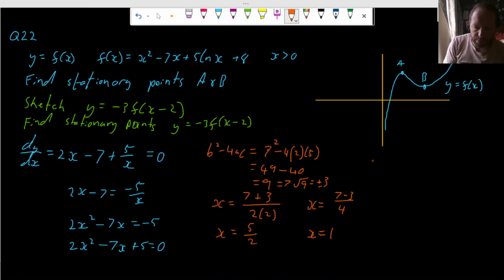So if we do f of 5 over 2, just putting it into the calculator: 5 over 2 squared minus 7 times 5 over 2, plus 5 times the ln of 5 over 2, plus 8 gives us 1.33.